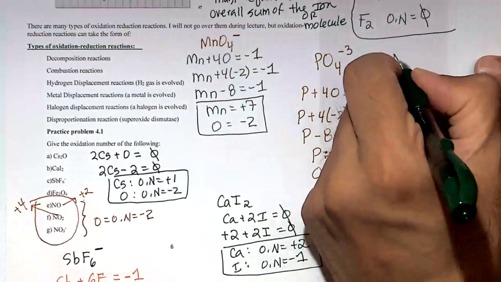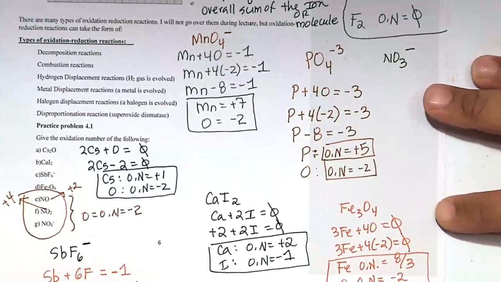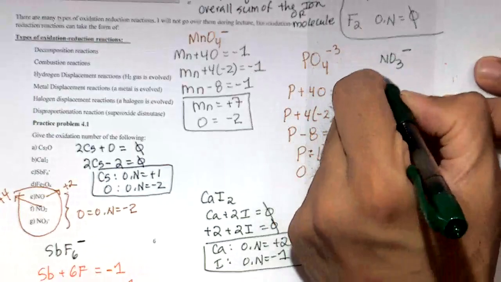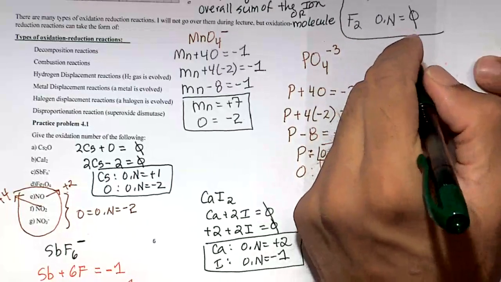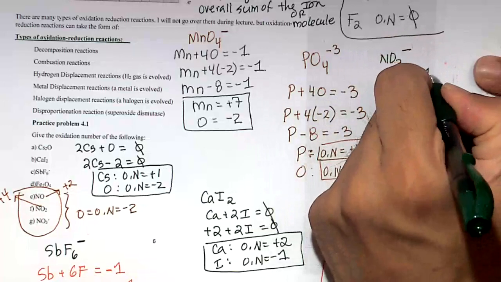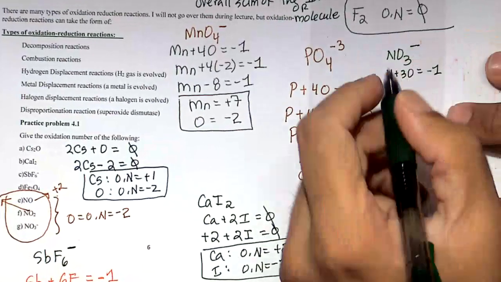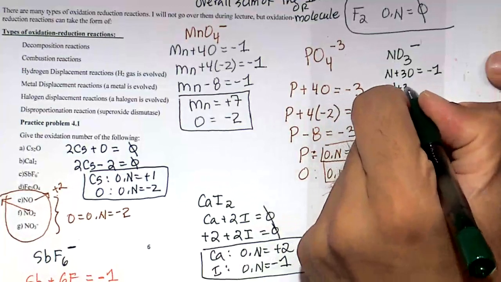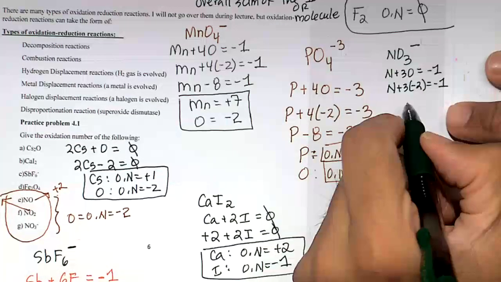Okay, our last one. A lot of different oxidation numbers for nitrogen. Okay. N plus 3O is equal to what number? It's not 0. You all agree it's -1? N plus 3 times minus 2 is -1.